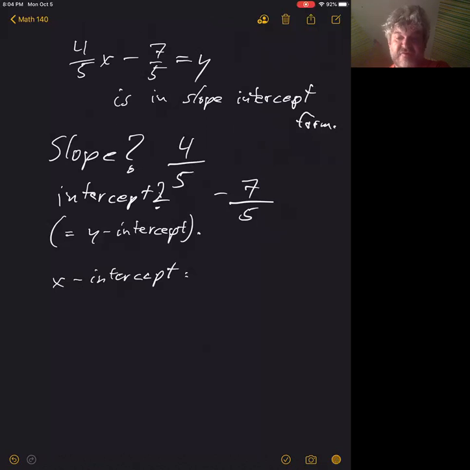And that is the x-coordinate of the point when your line intersects the x-axis.